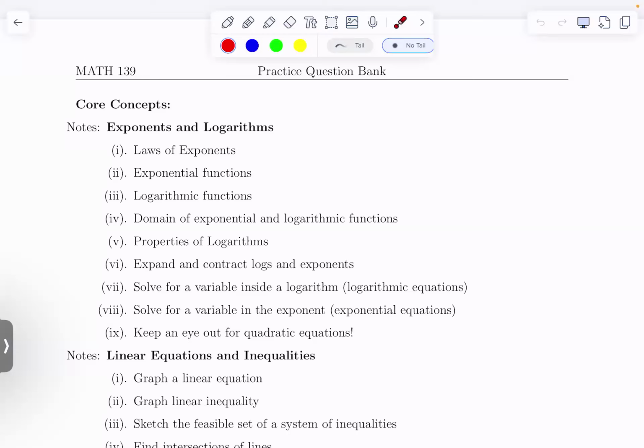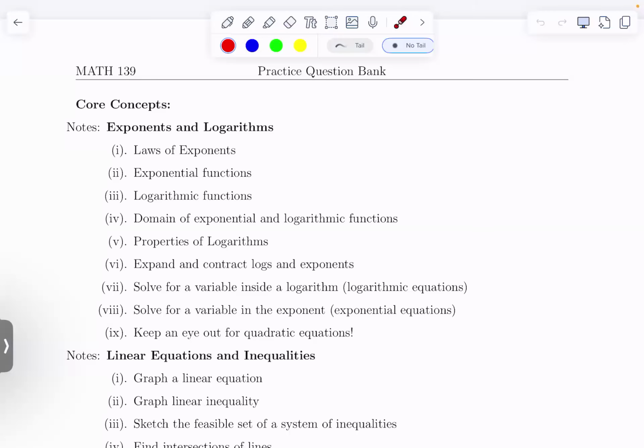All right. I give you a list of core concepts. Now, a lot of the stuff that's on this test is just from our notes, not in the textbook, and that's why it just says notes here. These are all the things that we did, right? Some of these concepts are tested in a big question.